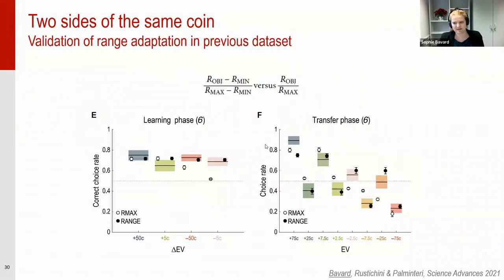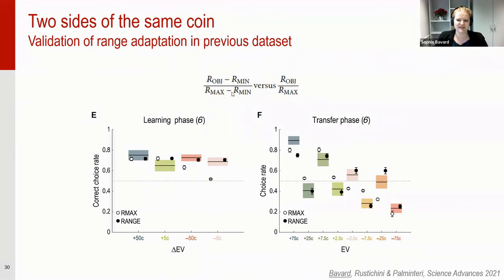Well, one argument that we have for this is that we fitted and simulated this range model on the previous data set, the one from 2018, to see if it was able to work in contexts where there were negative rewards as well. We are comparing a model that just divides the reward by the Rmax, and a model that does the range adaptation as I showed you before.